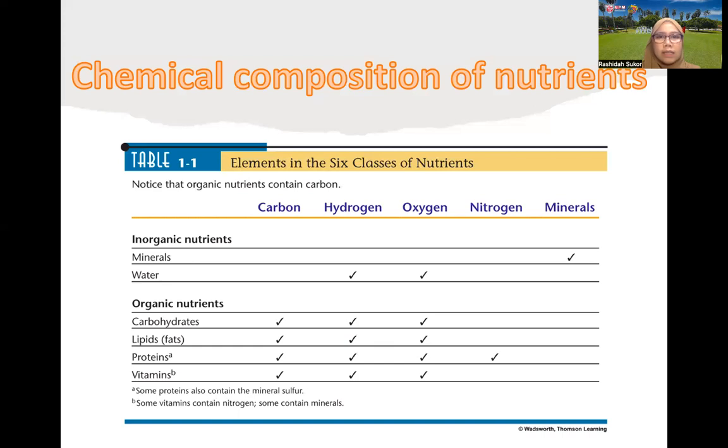This Kjeldahl method will calculate the percent of nitrogen in the food. If you have higher nitrogen in the food sample, then you will have higher protein, because that analysis calculates how much N is in the sample, which represents the protein. So always remember this: only protein has the nitrogen group.